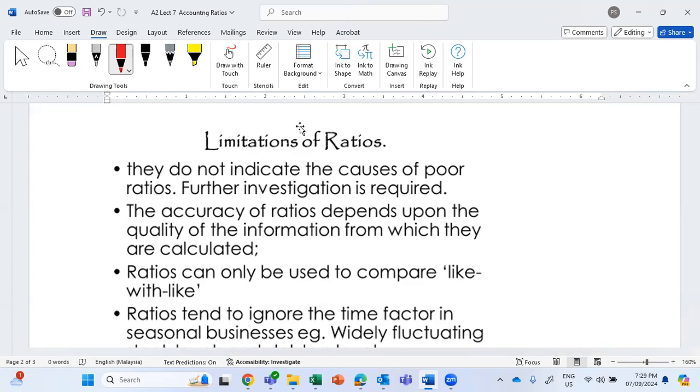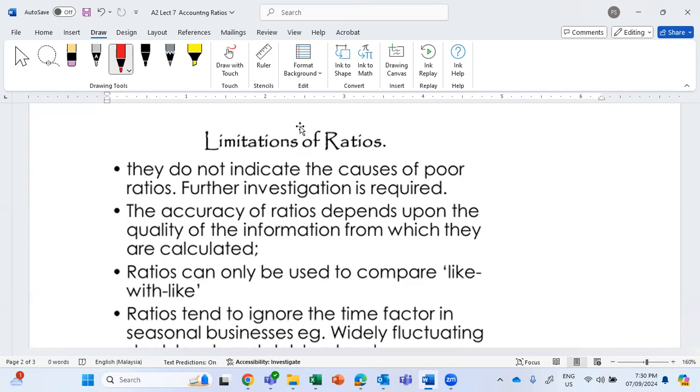For example, if let's say the gross profit is declining, last year was 40%, this year is 35%, and we find that the sales value has reduced. We can see that the sales has reduced, but what is the cause of it? We need to talk to people in the sales department. Sometimes it might not be anything wrong with our product, but simply because new players have entered the market, and unknowing to us, they would have offered a better price package to customers, and customers swing towards those people.